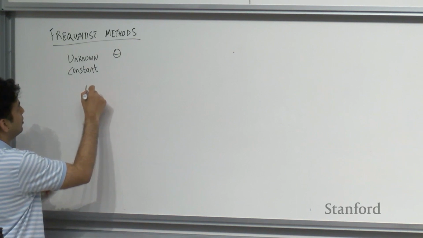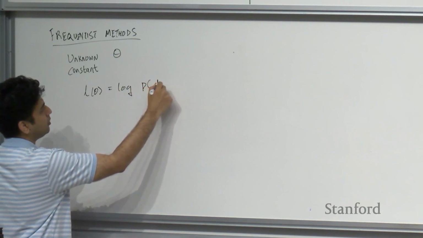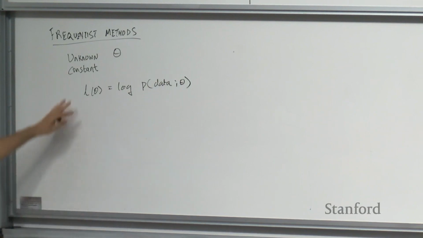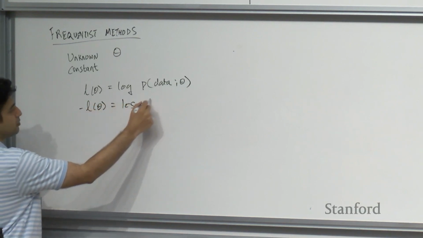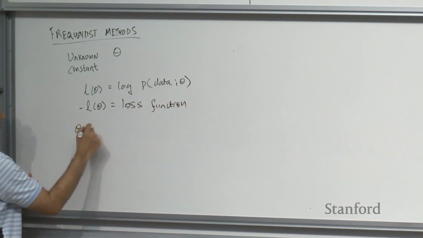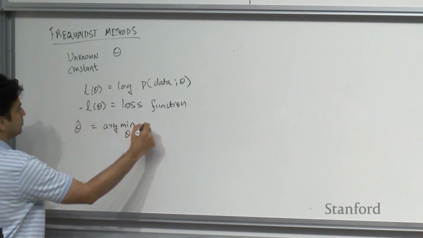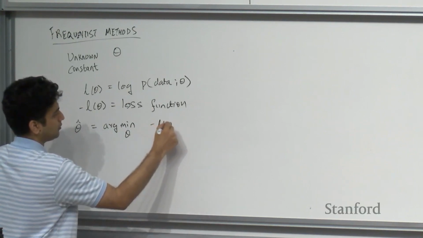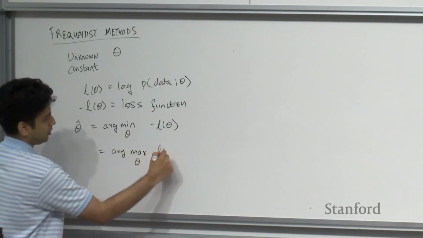So we would define a likelihood L of theta to be log p of, say, your data parameterized by theta, right? And we would consider the negative of L of theta to be our loss function, and then we would estimate theta equals arg min of negative L of theta, and this is the same as arg max theta L of theta, right?